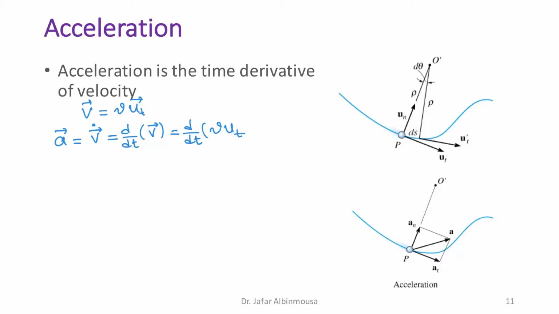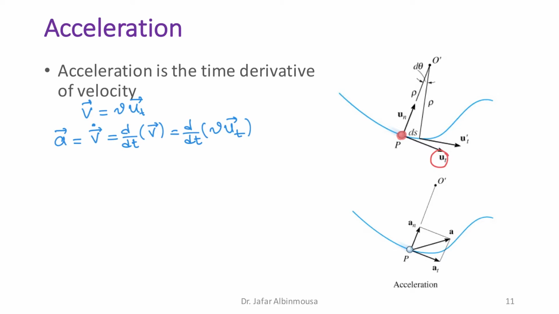Now, you have to be careful here. This is something different. Ut is not constant. If you look over here at this graph, when the particle is at this location, it has ut pointing in this direction, a unit vector at the tangent.